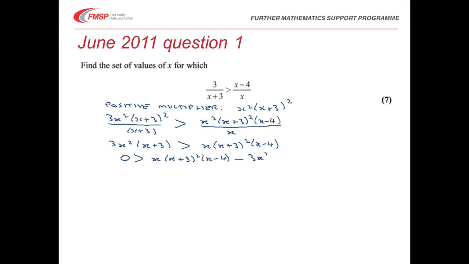And it's important at this stage not to expand the brackets, which would significantly increase your workload. By far the best method is to look at this algebraic expression and realise that x is a common factor and x plus 3 is also a common factor.